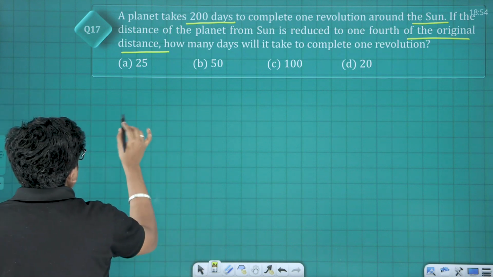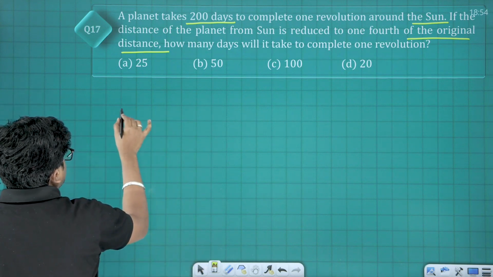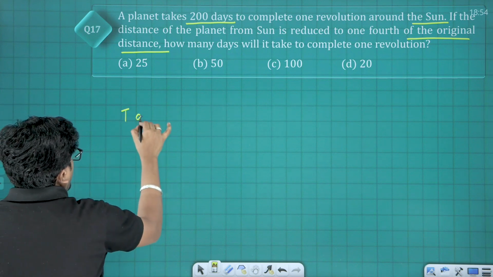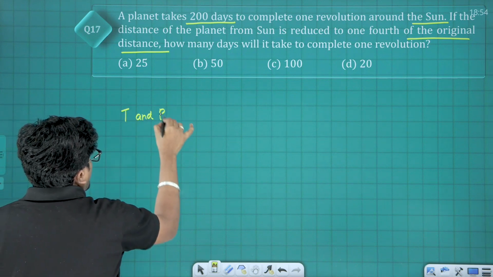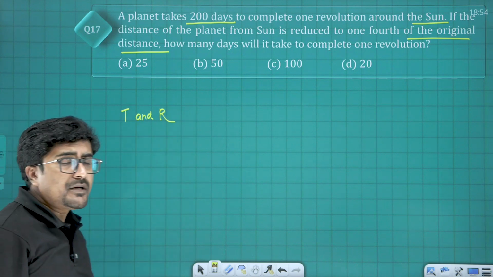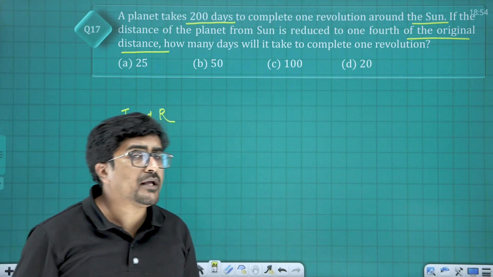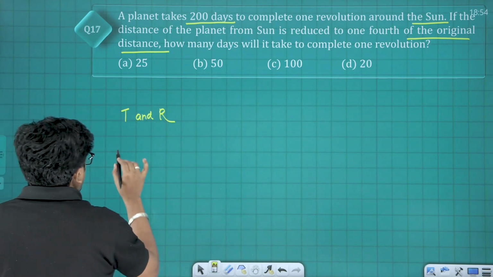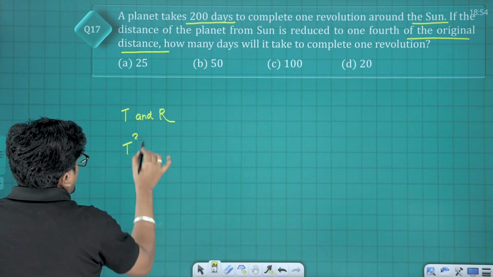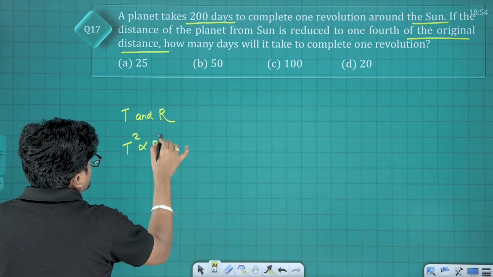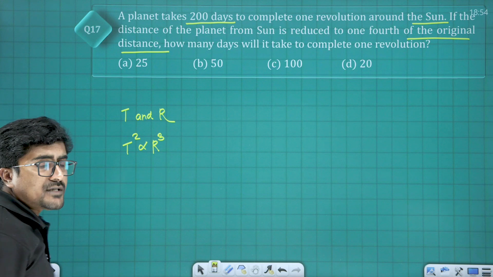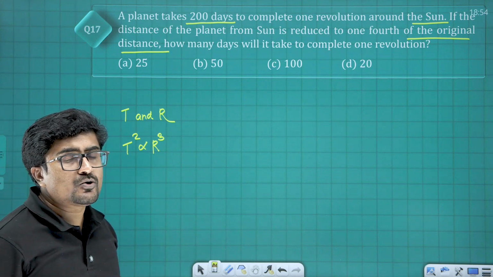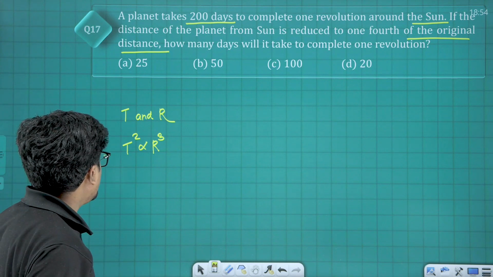We all know that the time period T and radius r, how are they connected? We all know that T square is proportional to R cube. This is how it is connected.